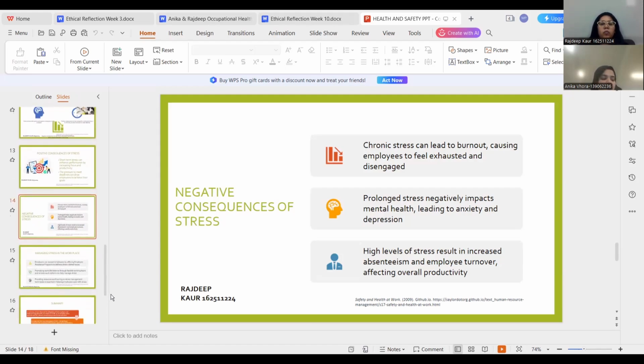They always try to move in other directions. They either go into management or try to go into teaching. So the stress levels are so high that an employee is obliged to move forward in life. Moving on, now we will be discussing the next slide, that is managing stress in the workplace.